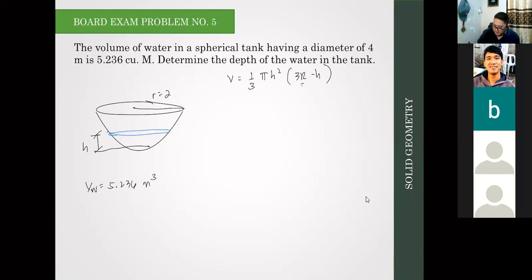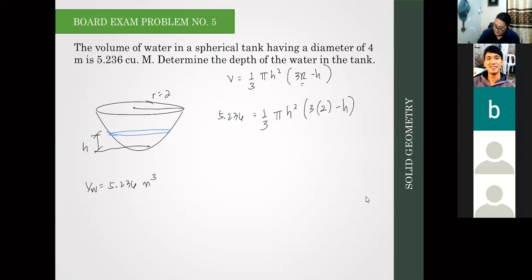Okay? So, may given tayong volume ng water. Okay? Ang wala sa atin is si height. So, para makuha natin yung formula, substitute lang natin. 5.236 is equals to 1/3 pi. H is unknown. Then 3 times yung value ng r natin, ng sphere, minus h.